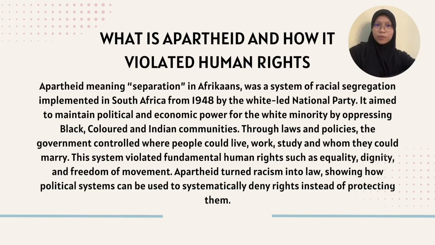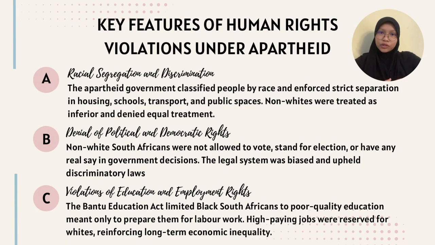This was done by oppressing Black, Coloured, and Indian communities through laws that controlled almost every part of their life: where they could live, work, study, and even who they could marry. Apartheid clearly violated basic human rights like equality, dignity, and freedom of movement. It turned racism into something legal, showing how a political system can be used to deny people their rights instead of protecting them.